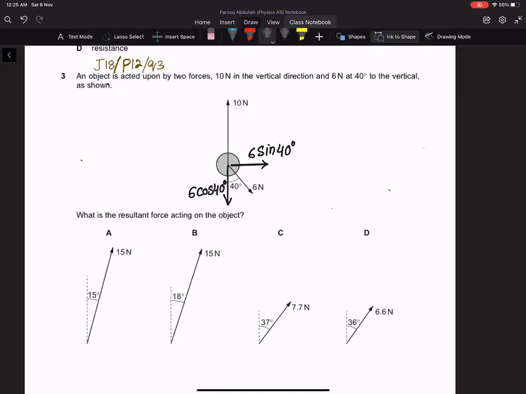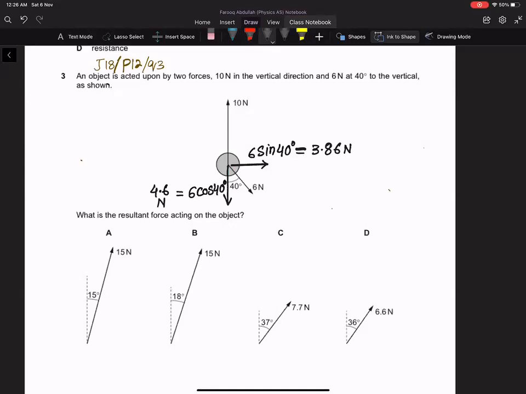Now, the value of 6 cos of 40, as I have calculated, is 4.59, or you can say it's 4.6 Newton. And the other component, 6 sine of 40, is almost 3.86 Newtons.